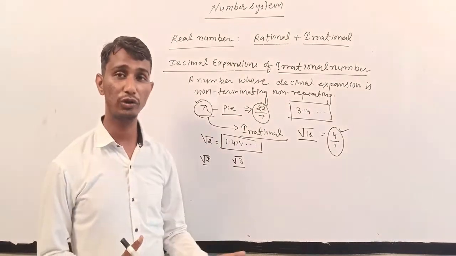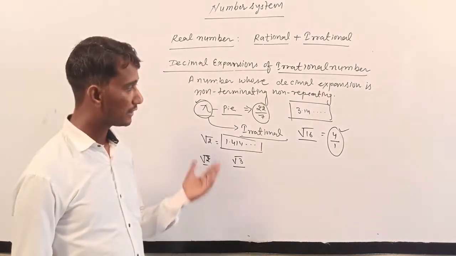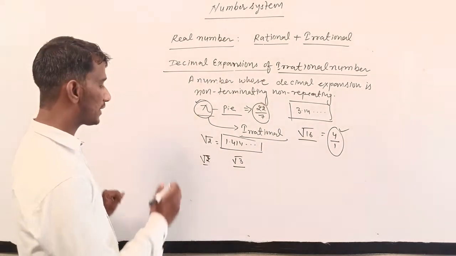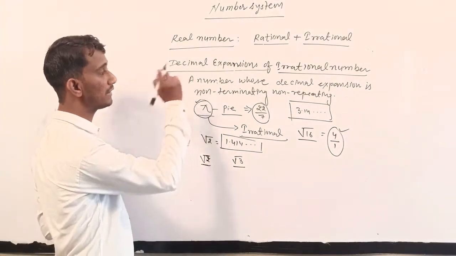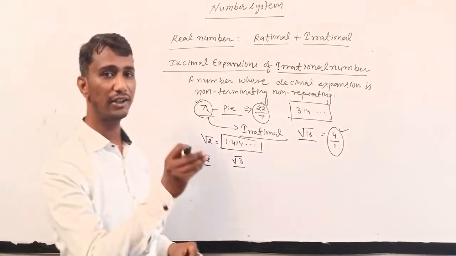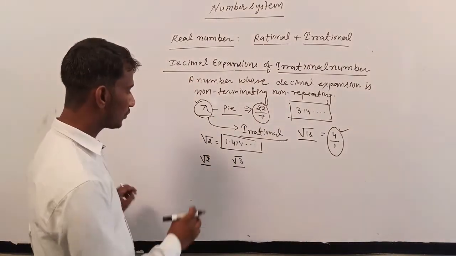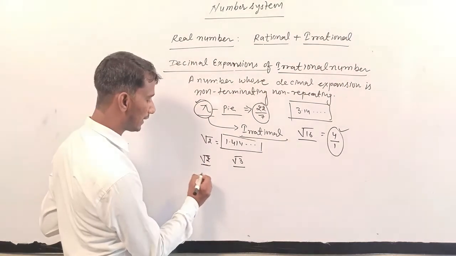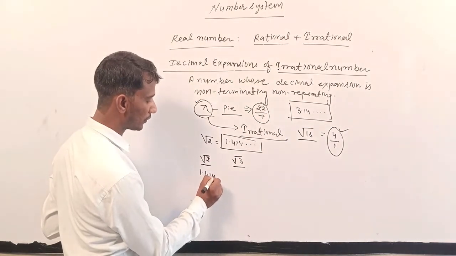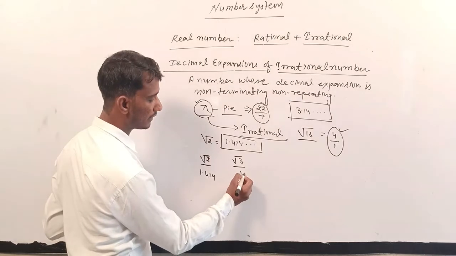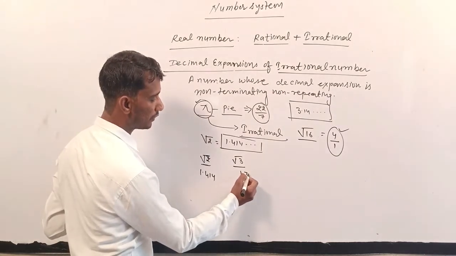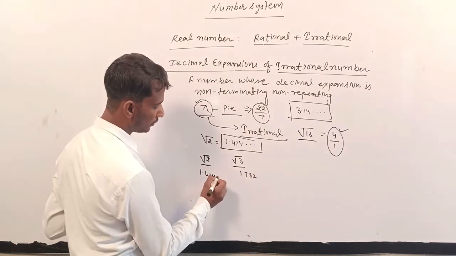And how do we find an irrational number between them? This is the better way. First, whatever numbers are given, find the decimal expression up to 2 or 3 places. For root 2, I can write 1.414, and for root 3, I can write 1.732, dot dot dot.